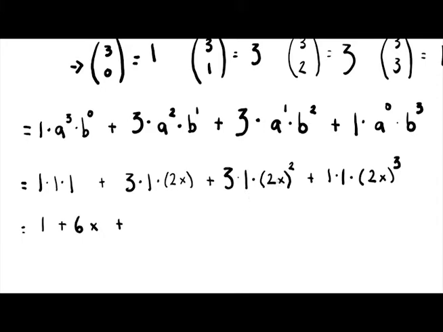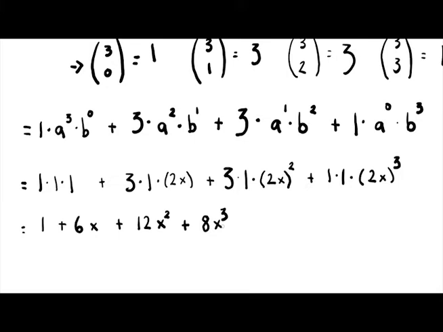So we have to square both terms in the parentheses, so we have 4x squared. 4x squared times 3 gives us 12x squared, plus our last term, 1 times the quantity 2x cubed. So we have to cube each term. We have 2 cubed, that's 8. And x cubed is x cubed. So here we have just the second binomial expanded.